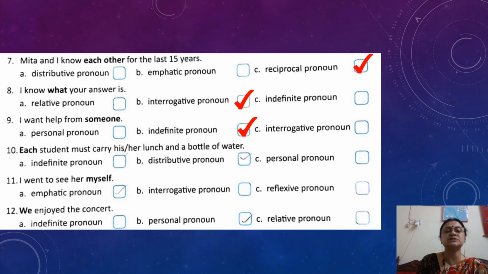So here each is a distributive pronoun. 11th sentence. I went to see her myself. So here, I went to see her. Myself is used just for the purpose of emphasis. So this will be an emphatic pronoun.